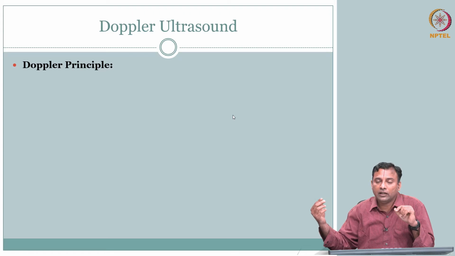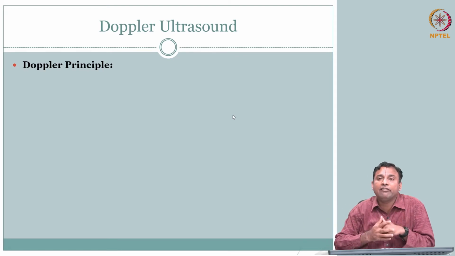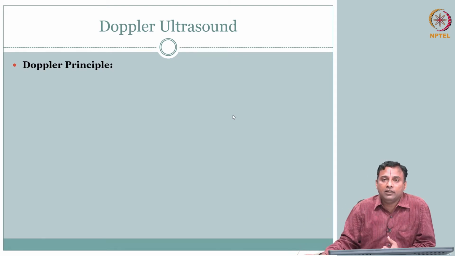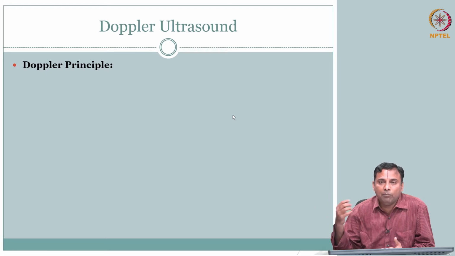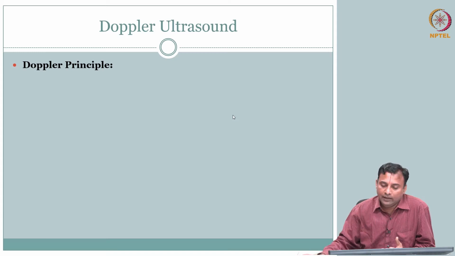So the change in frequency is proportional to the relative velocity. This is what you would vaguely remember from your high school. Typical examples are a train blowing a horn, or a siren in an ambulance, where there is a relative motion between the source and the observer.